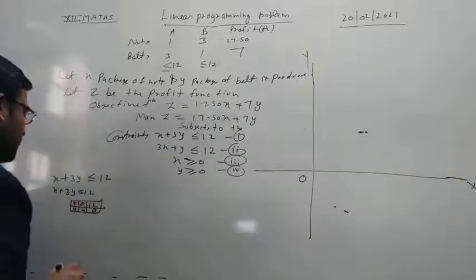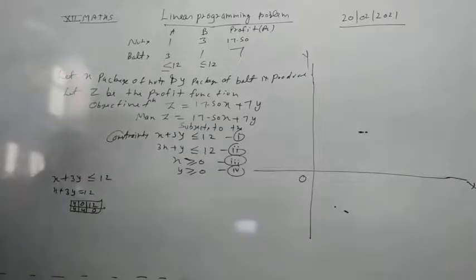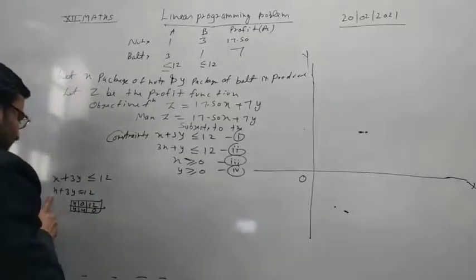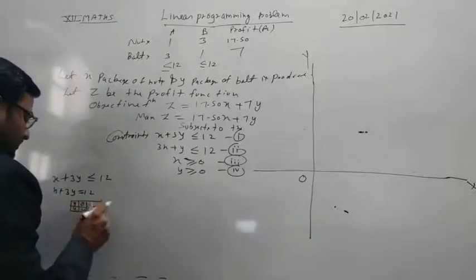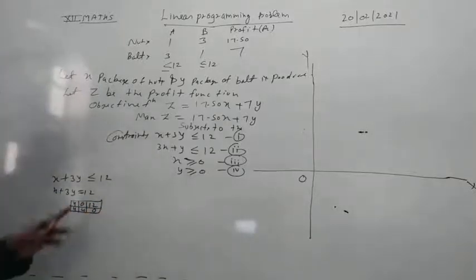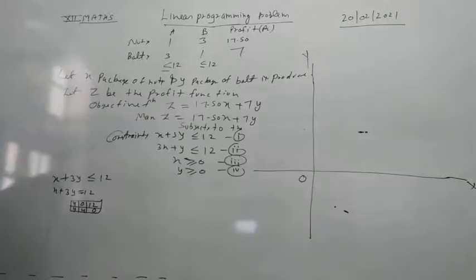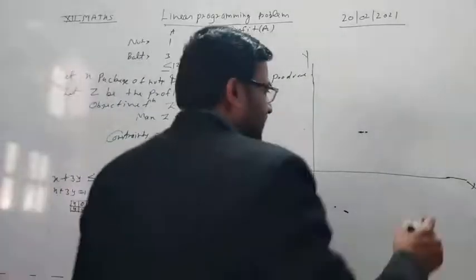So our points are 0, 4 and 12, 0. Okay, so we draw the graph.